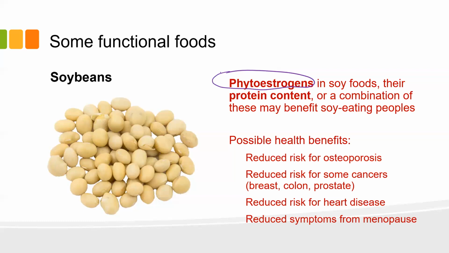There's another area where we'd like to see more out of the science, and I guess the recommendation is soybeans are good for you, particularly if you're replacing protein from animal sources. And like I said, the other recommendation is that for postmenopausal women, this actually may really be good for your bones.